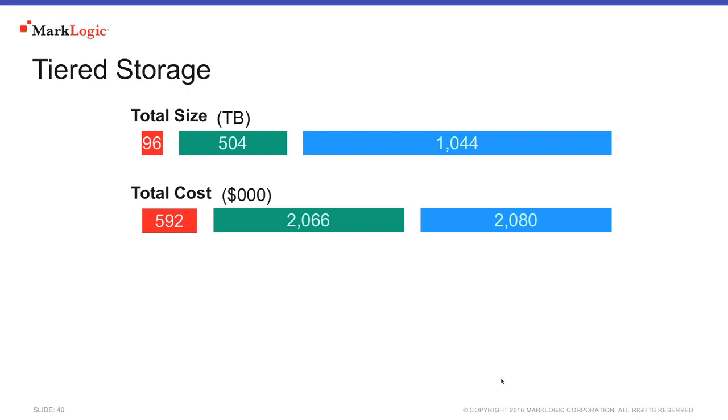You can allot spinning disks, more densely packed, for that warm data, where you need to be able to query it online, but the latency is not the big issue. Then you could have something like HDFS or S3 as the long tail. So by being able to tier these, you can align the infrastructure spending with how the data is being used, but still maintain all of the rich indexes and the security and the governance because the data is in MarkLogic.